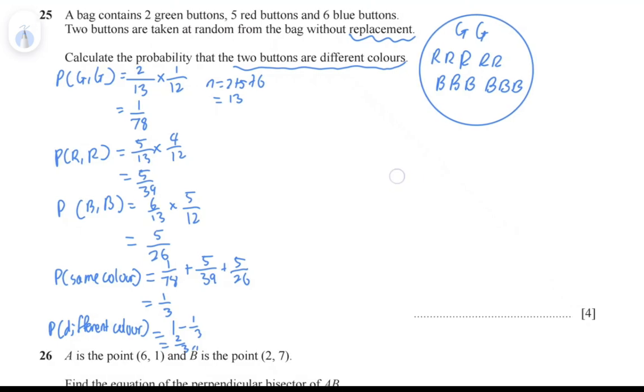The other way that we could do this is by treating it as a probability of a button and the color not being that button. So, for example, for green, that would be first taking a green button and taking one of the other 11 buttons, giving us a probability of 11 over 78.